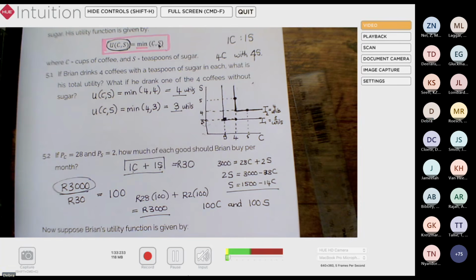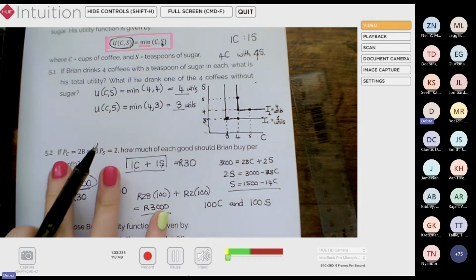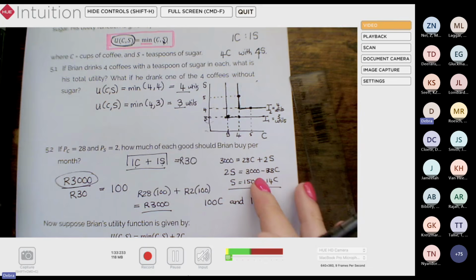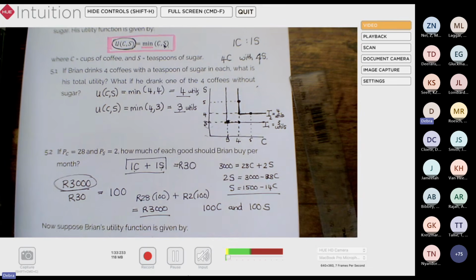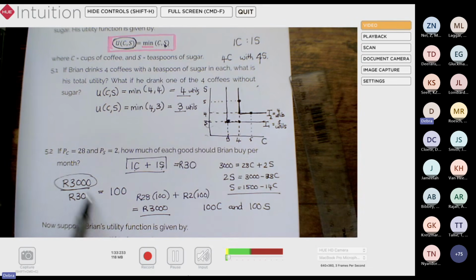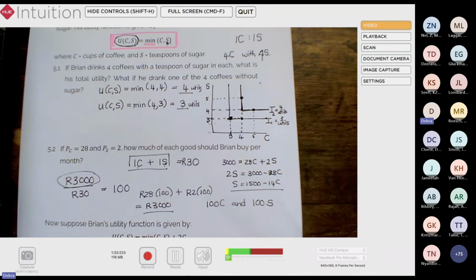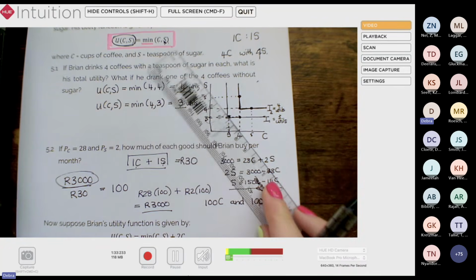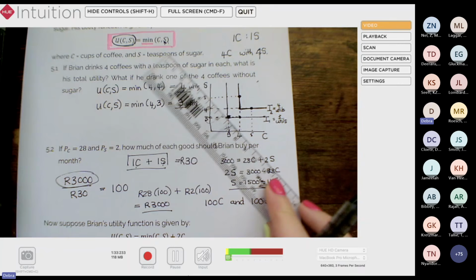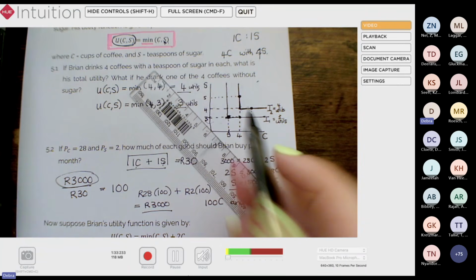So you don't have to use the budget constraint to answer 5.2. I just included it here to justify why I solved it in this way, just so that you could see that a linear downward sloping budget constraint has to end up putting you at a kink. Does that make sense, Tetra?